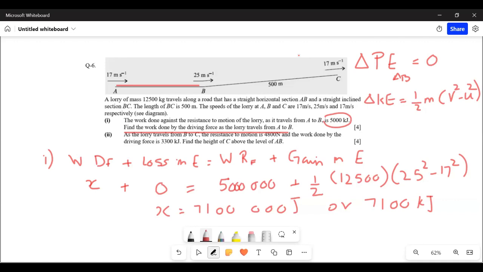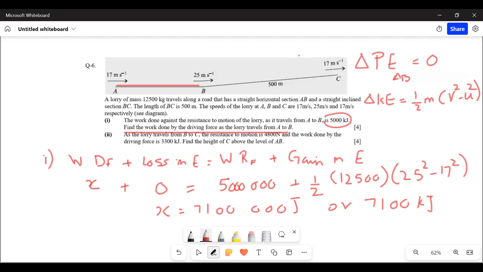So, any questions here in part 1? We've simply used the equation for conservation of energy and work, and you have to figure out which energy is increasing in value, that is which energy is in gain and which energy is in loss.